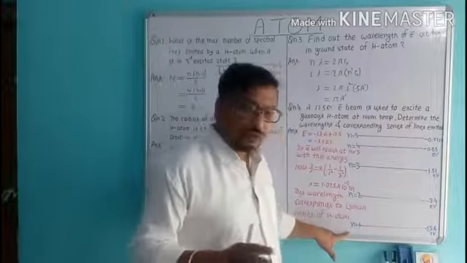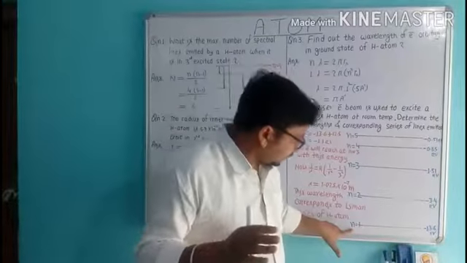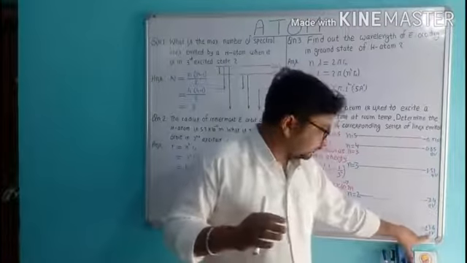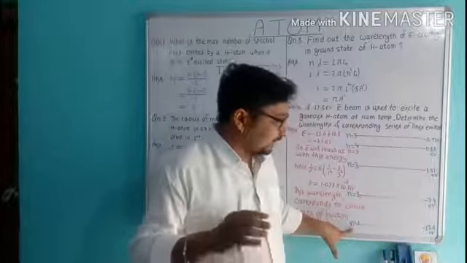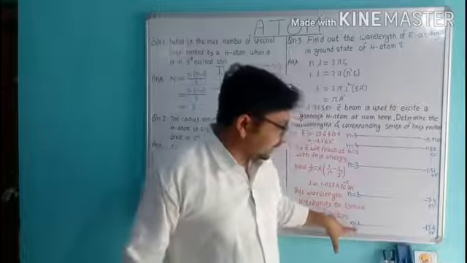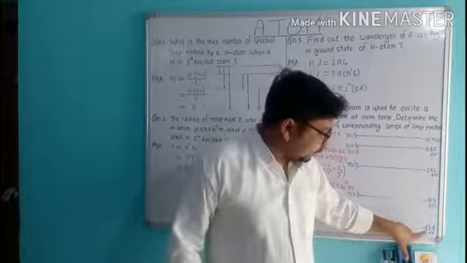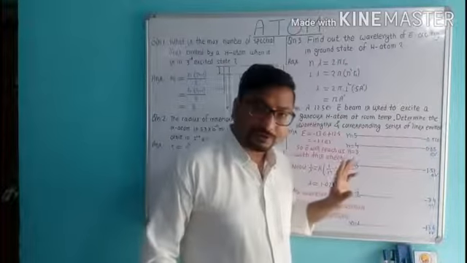Now we already know the energies of the energy levels. For the first energy level, the electron has energy minus 13.6 electron volt.